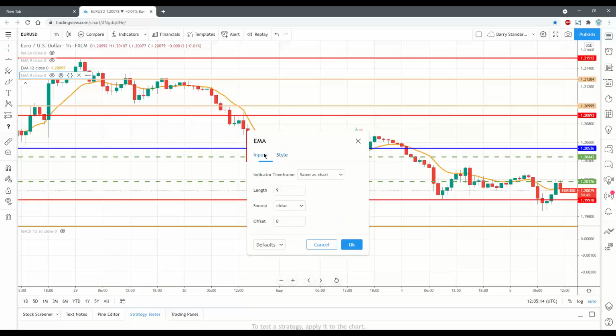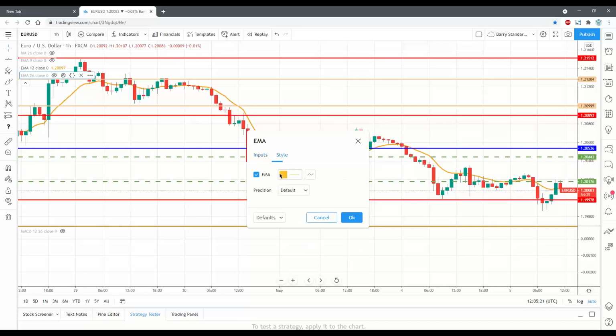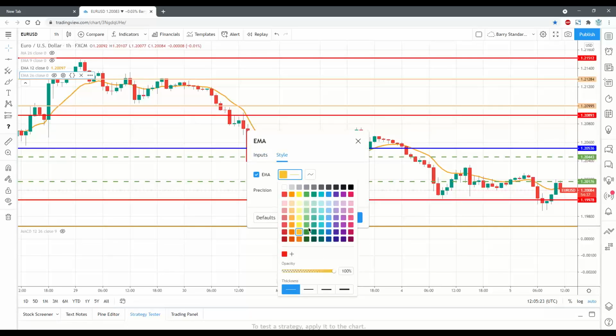So we combine that with a 26-period EMA using the close, and let's make that a dark purple. Thicken it up.